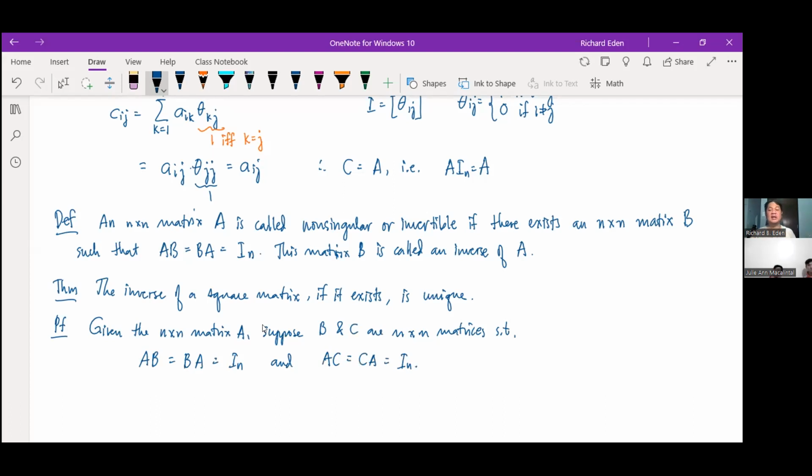In other words, B and C both satisfy the definition of an inverse.